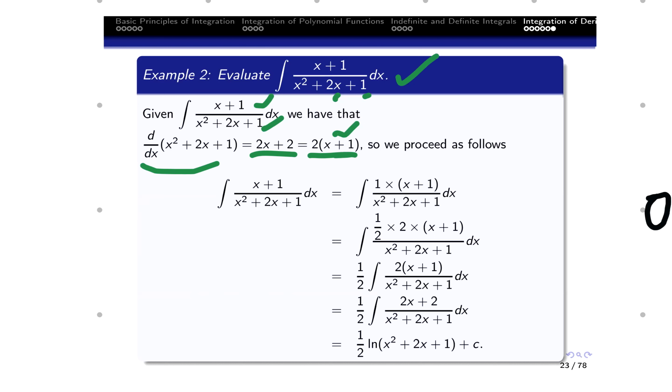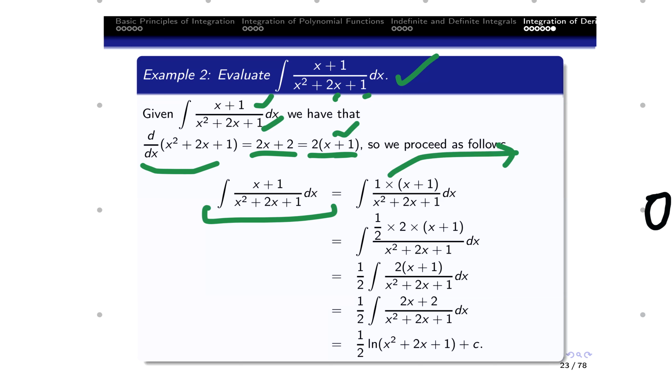So if you want to do that, you say integral of x plus 1 divided by x squared plus 2x plus 1 dx is the same thing, of course, as integral of 1 times x plus 1. Anytime I introduce 1, you should already know that we are trying to do some skillful maneuver. Since 1 times x plus 1 is the same thing, you now know that 1 can be anything. 1 can be half times 2.